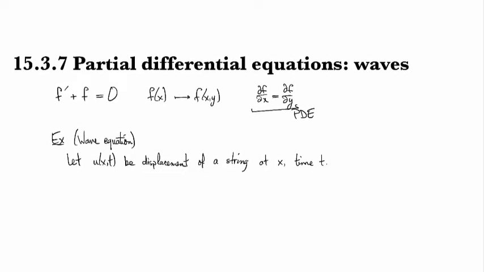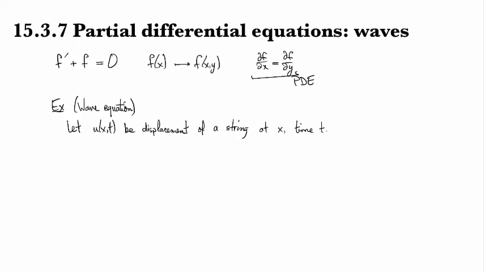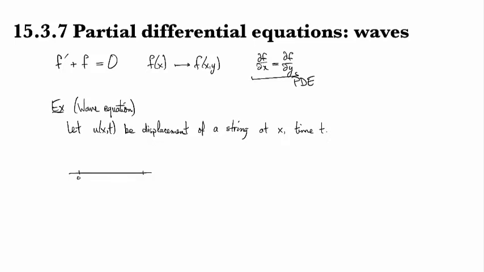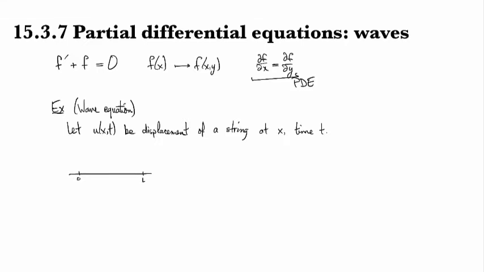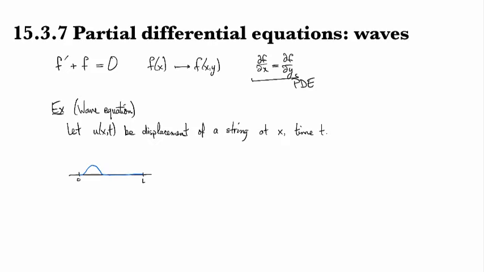The idea here is that we have an interval from 0 to L, so this is a string of length L, and if we take a time snapshot of it, maybe at time 0, we have some curve that looks like this. This is the graph of u of x at time 0.